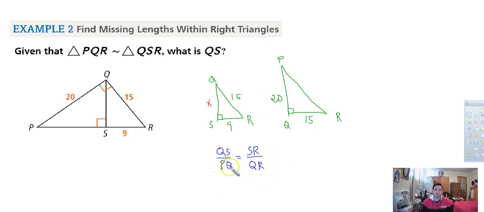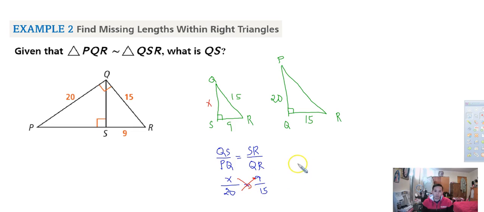Then you just plug in: QS is X, PQ is 20, and SR is 9, divided by 15. Then we cross multiply, so you have 15x equal to 9 times 20.